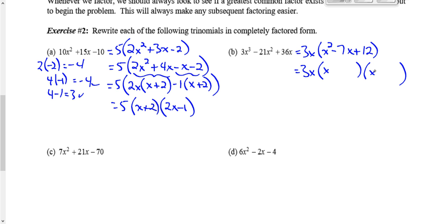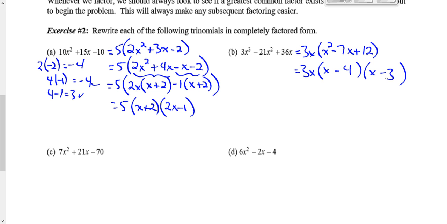She says -4, -3. What do you guys think? Is she right? Well, what's -4 times -3? And what's -4 minus 3? And there you go. Done.